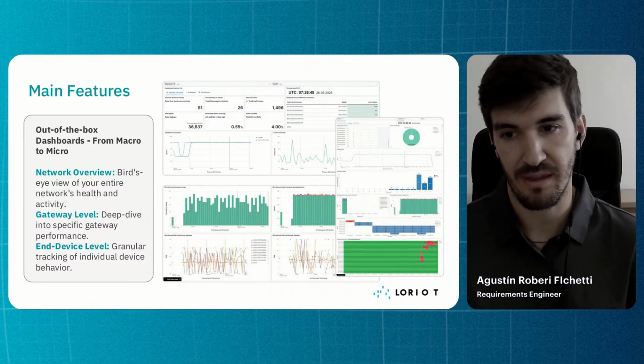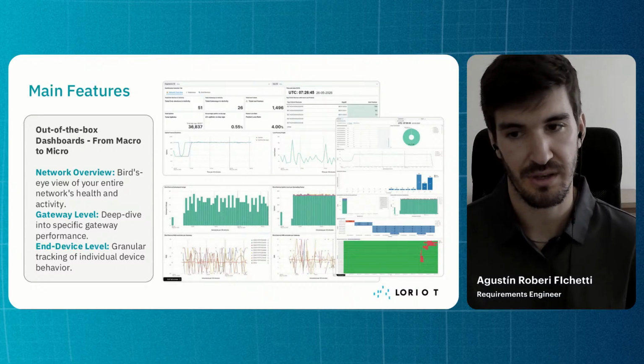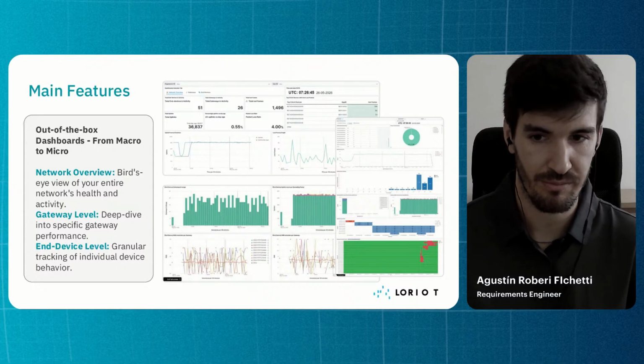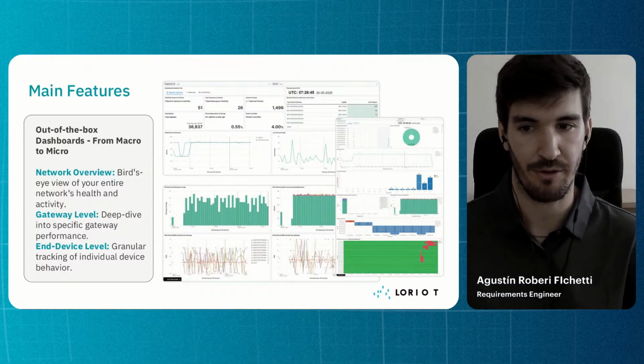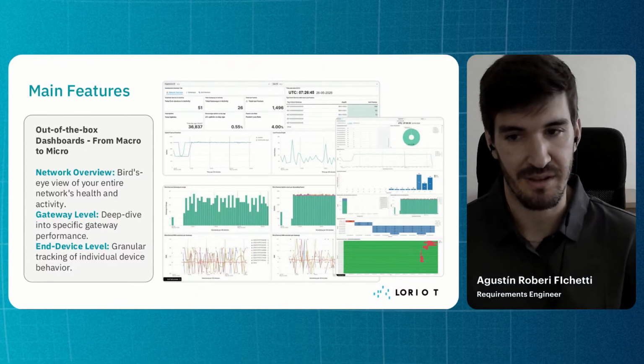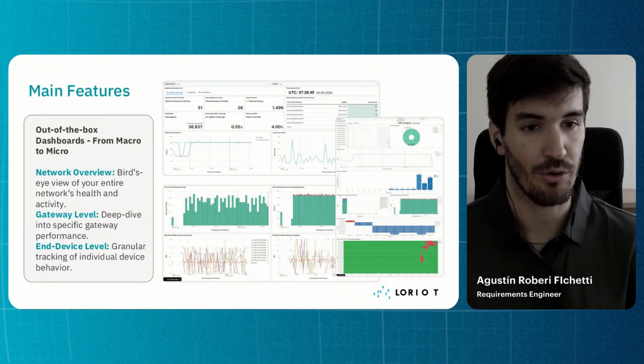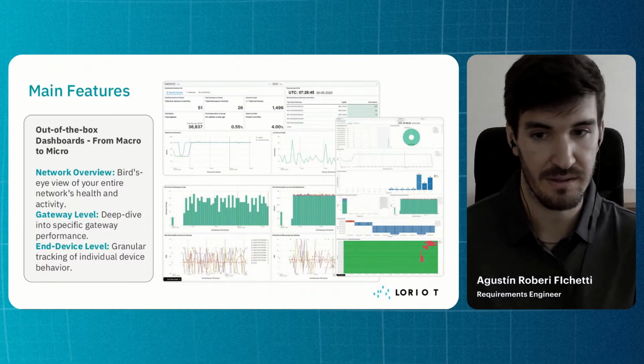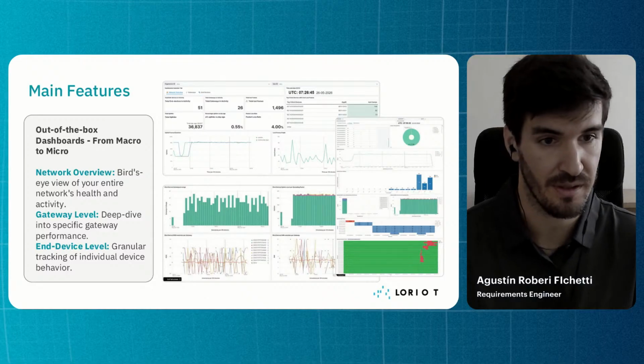And then you have the end device level dashboard, which gives you the highest level of granularity, the insights on the behavior of an individual device or a group of devices that you may be interested in.